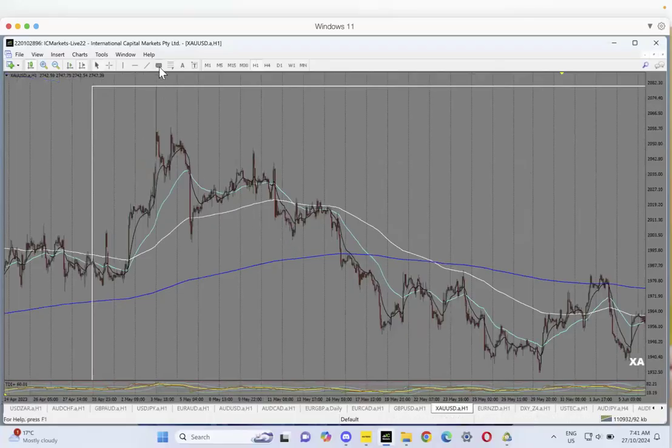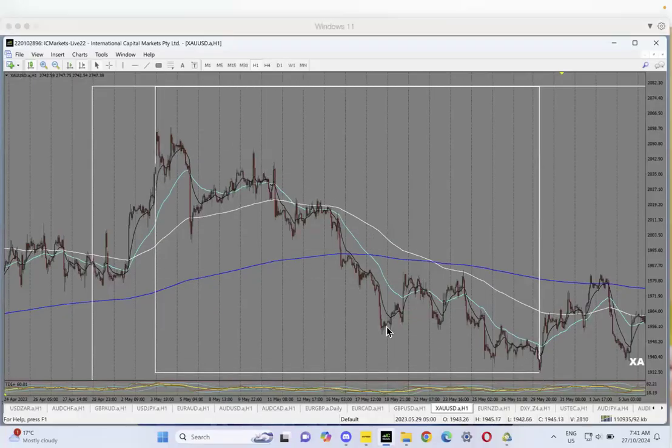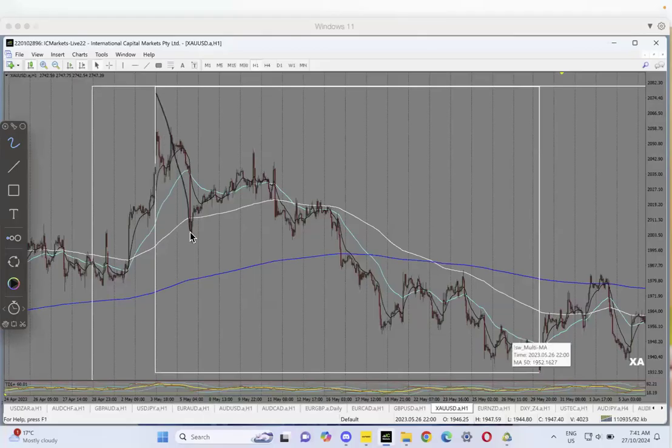So you can see this is the whole thing that I was talking about. You've got your first drop up to there, and then you've got your second drop and your third drop. So all this is 4 hour level. Because you've got your first drop into consolidation, your second drop into consolidation, and your third drop.